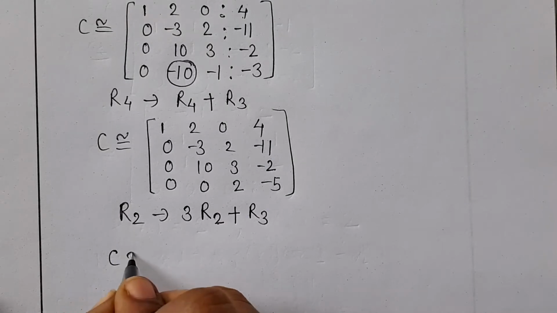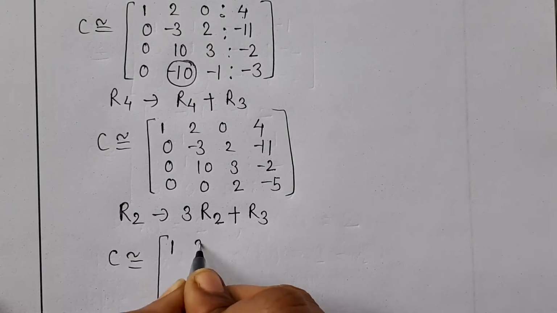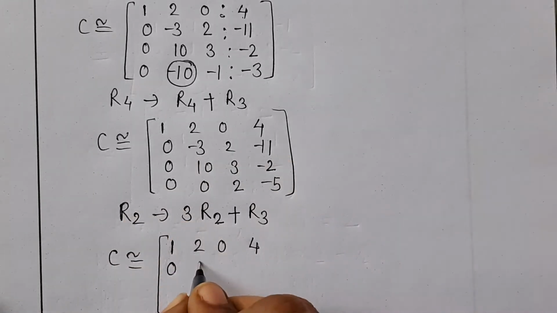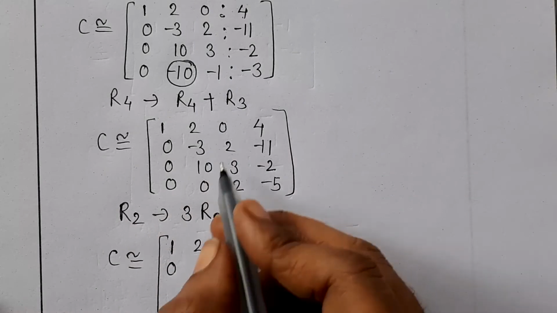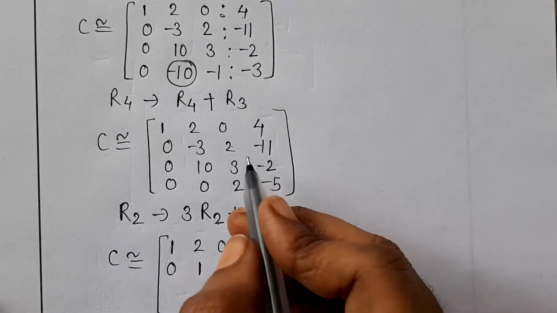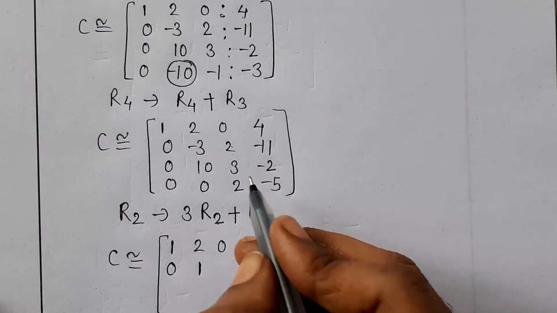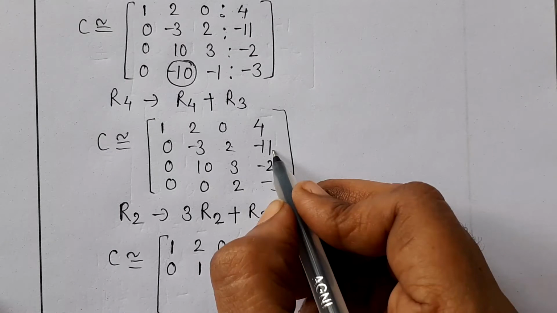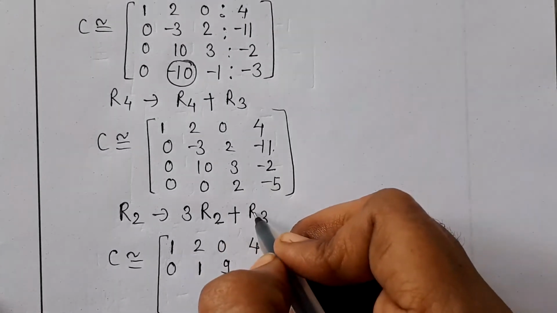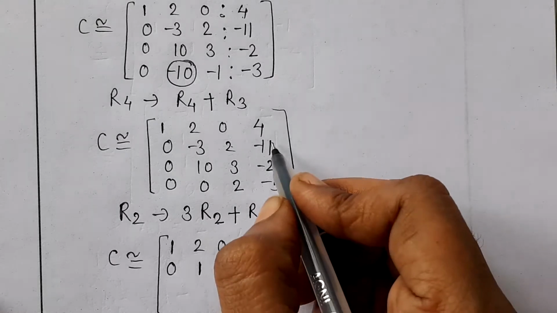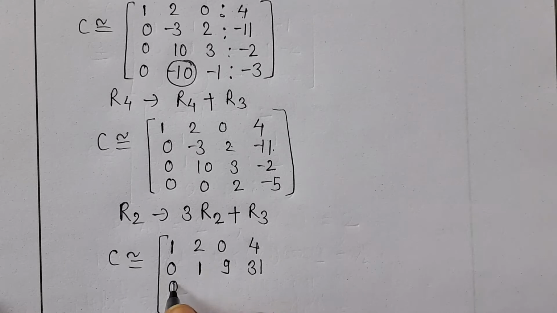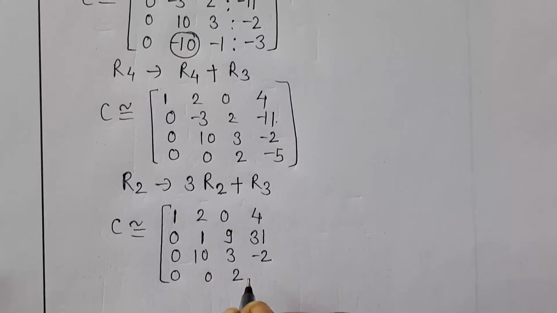So the matrix becomes 1, 2, 0, 4, then 0, 1, 10 minus 9 is 1, then 3 multiplied by 2, it is 6 plus 3, 9, then 3 multiplied by minus 11, minus 33, minus 33 plus R3, so minus 33 minus 2, it is minus 35. Then 0, 0, 2, minus 5.